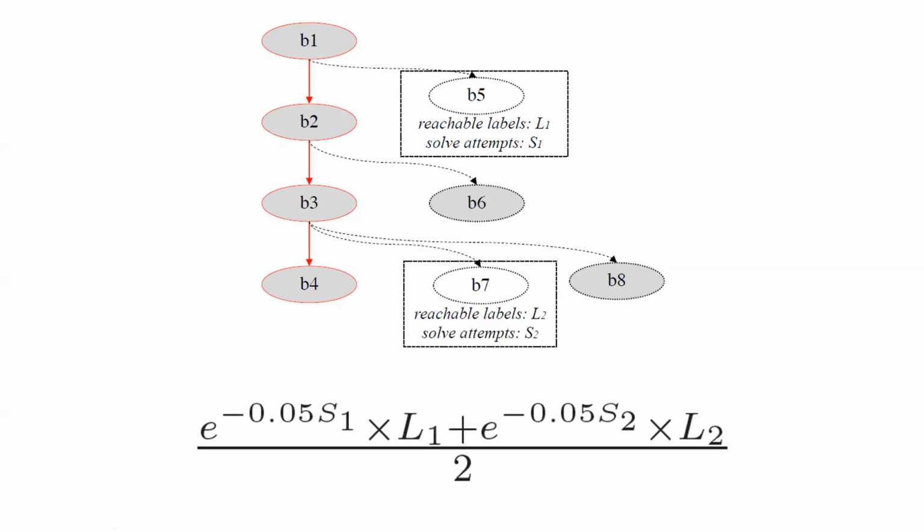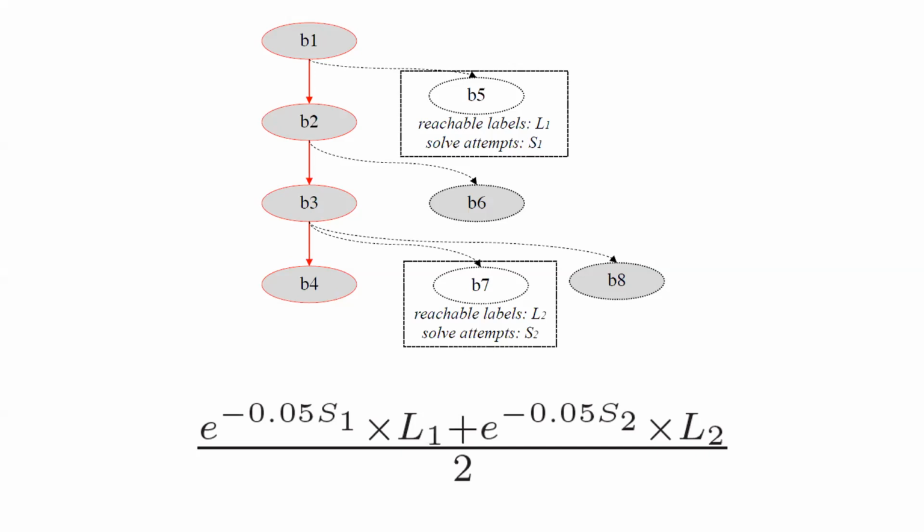Yeah, so it means it tries a few times. We will put the edge from B1 to B5 into label L1 as long as we find this branch is solvable.